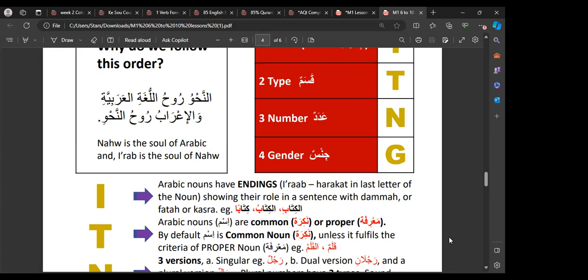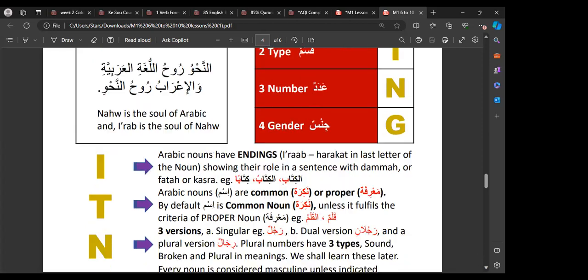Then we'll move on to type. The type of a noun, which we mentioned in a little bit of information last week. Nouns can be common or proper, which was ma'rifa, or they can be nakira. I personally like known or unknown. Ma'rifa is known and nakira is unknown. But we want to expose you to all of the different terminologies that people use so that you don't get confused. By the end of this module, you will know everything and you won't have any gaps, inshallah.